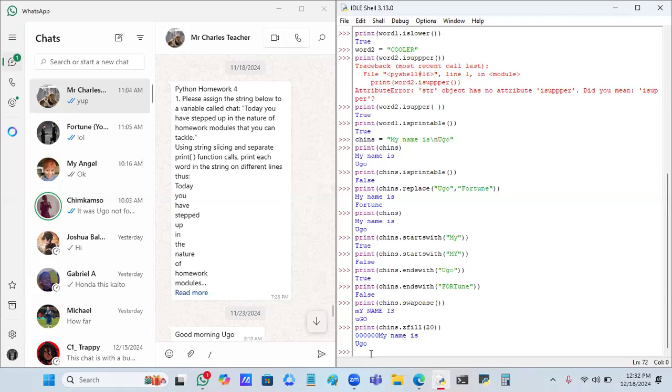N is 11, A is 12, M is 13, E is 14. Space is 15. I is 16. S is 17. U is 18. G is 19. O is 20. Perfect. Complete, isn't it? Yes.